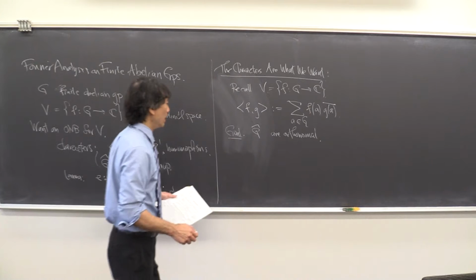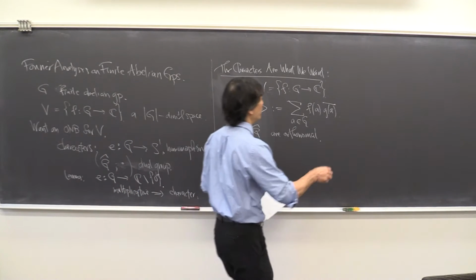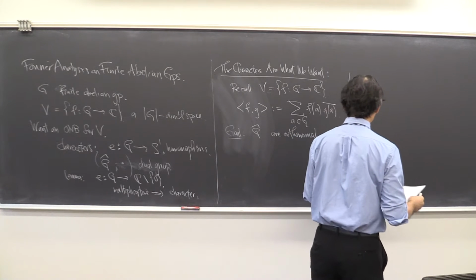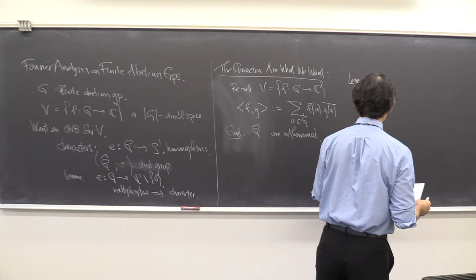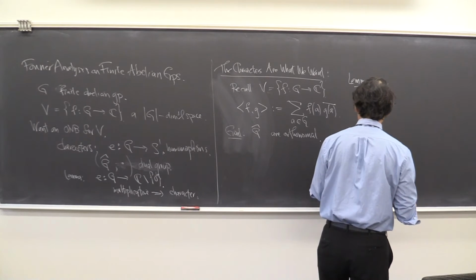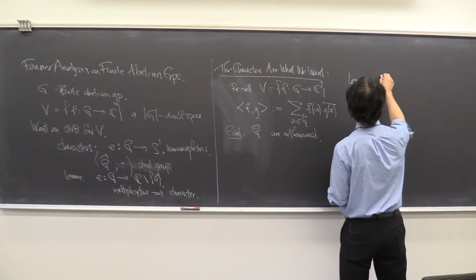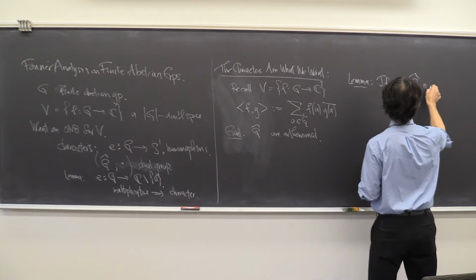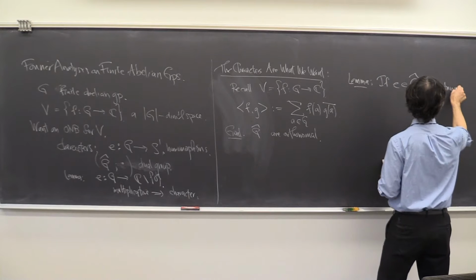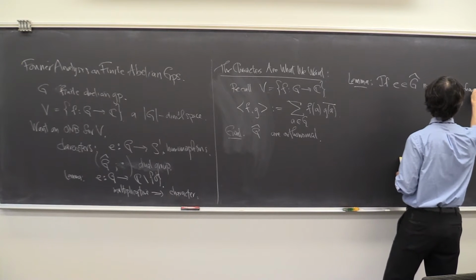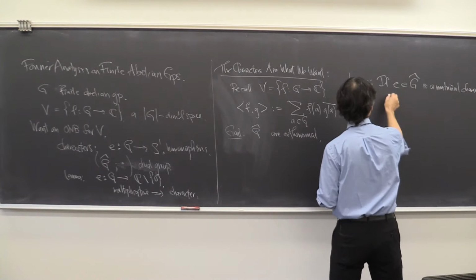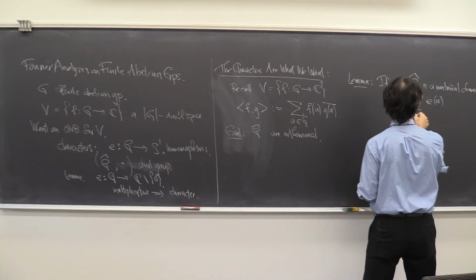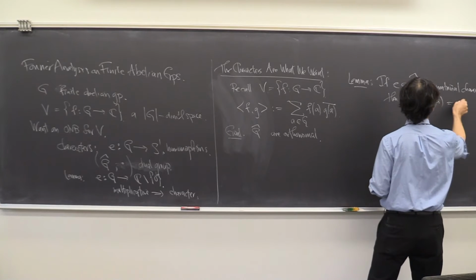The first thing we're going to use is this lemma that says that if E in G hat is a non-trivial character, then the sum over all values is 0.